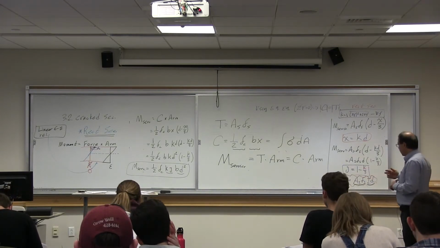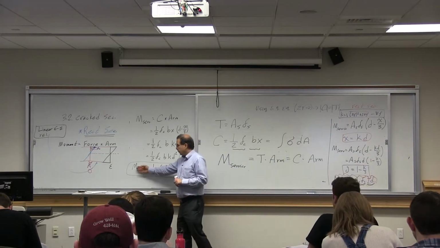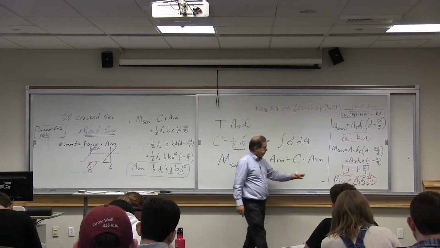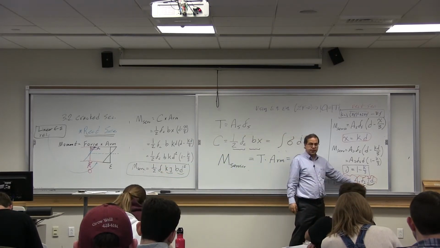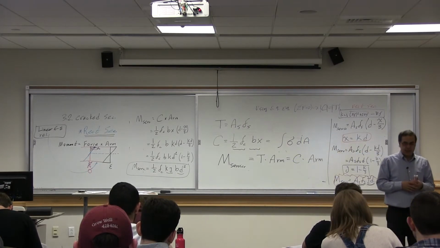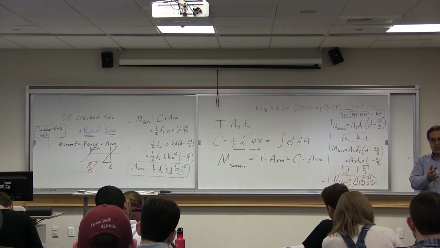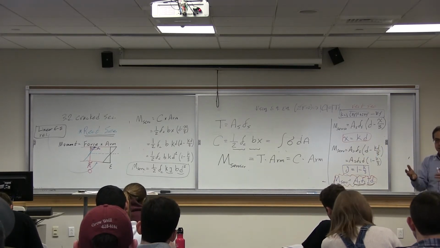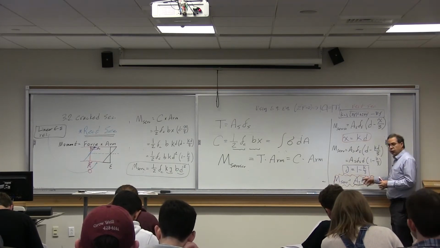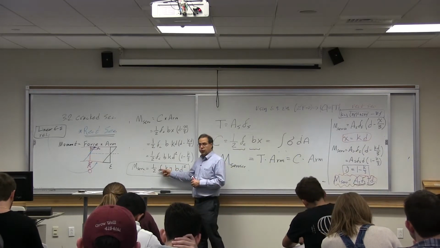If M service is given to you, you use this relationship to find Fc, you use this relationship to find Fs. And you say, this is the result of section analysis. Because you gave me moment, I'll give you the stresses. Alternatively, one could be asked, I want to limit Fs to so much, and I want to limit Fc to another value.